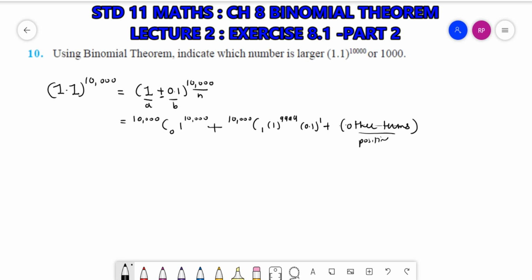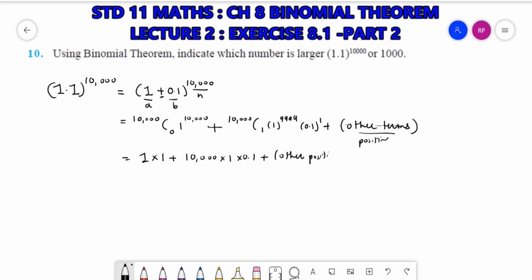So 10,000C0 is 1 into 1 raised to 10,000 is 1, plus 10,000C1 is equal to 10,000 into 1 raised to 9999 that is 1 into 0.1, plus other positive terms.